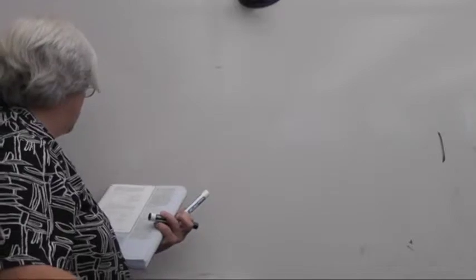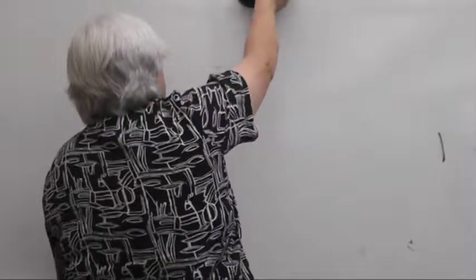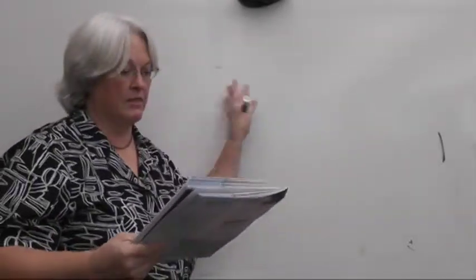We have problem number 3. Before we do this one, let me read what they have here. This says, the key to solving equations is to consider the order in which operations affect the variable.